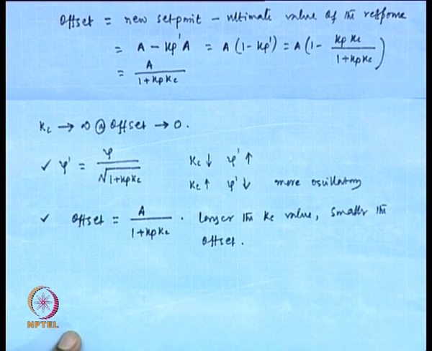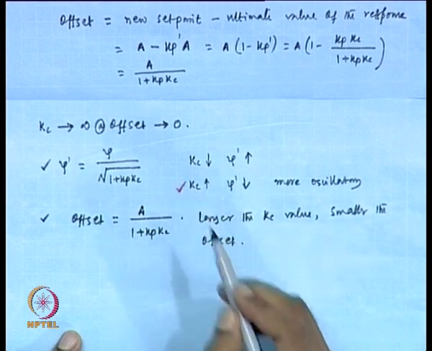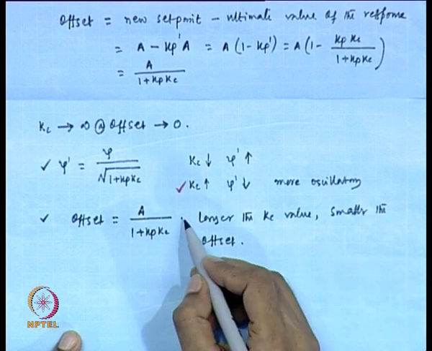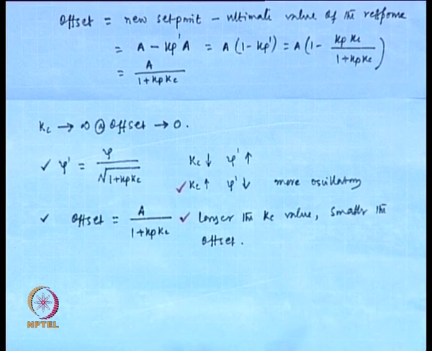Fine. Now, considering these 2 points: with the increase of Kc, the overall response becomes more oscillatory, and the larger the Kc, the smaller the offset.